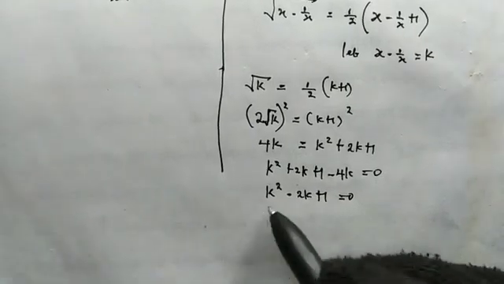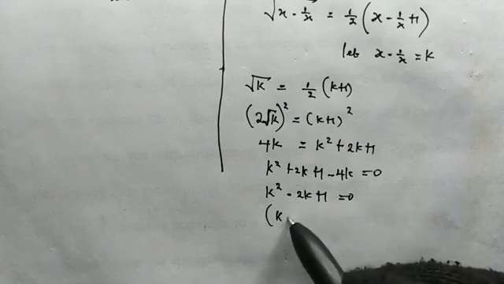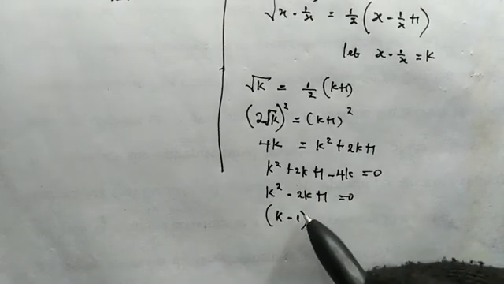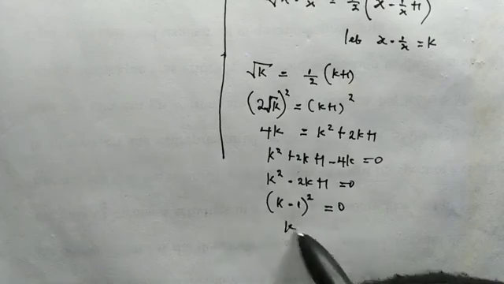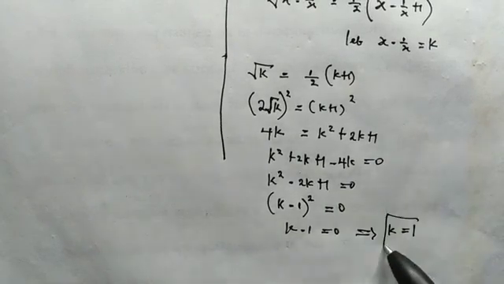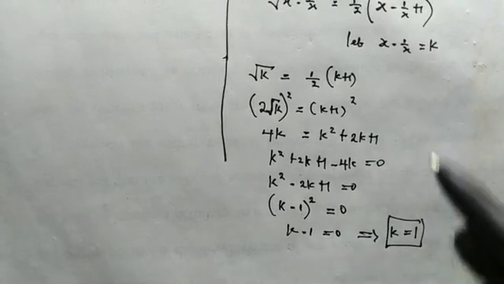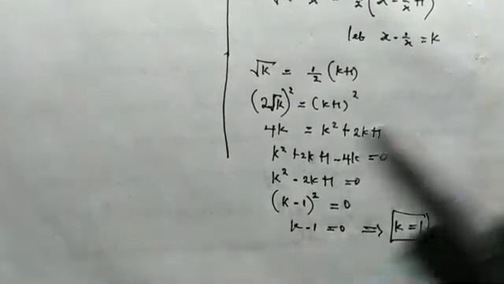So notice that the left hand side is a perfect square. That is the expansion of k minus 1 to the second power. And from here we get k minus 1 is equal to 0, and k is equal to 1. Okay, now remember that x minus 1 over x is equal to k. So we're going to solve for x.